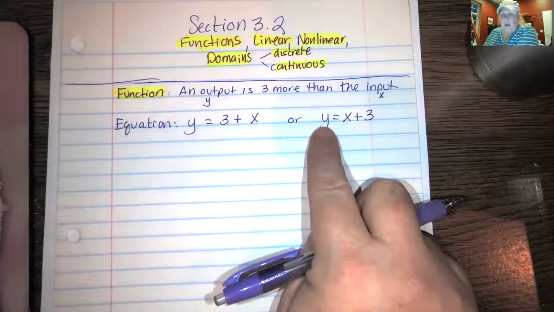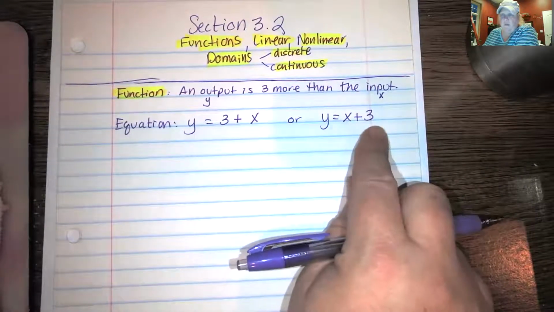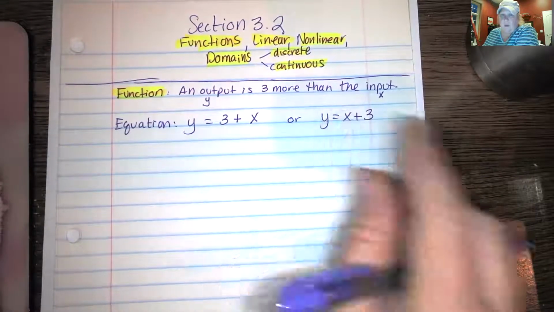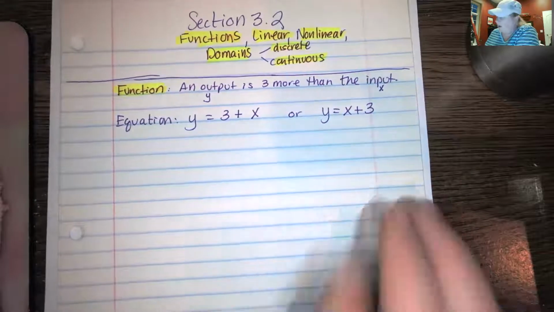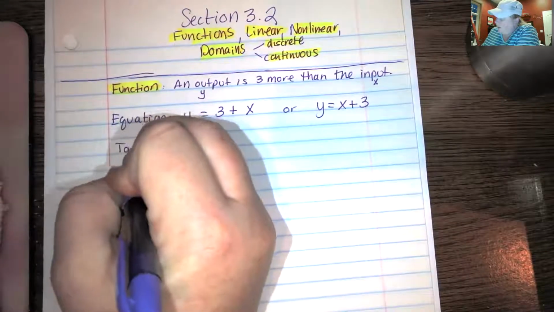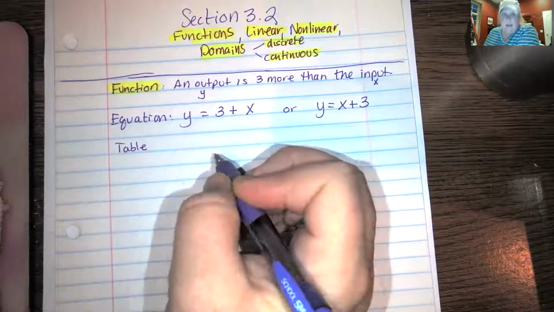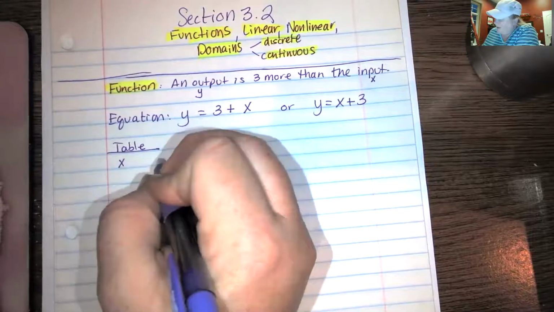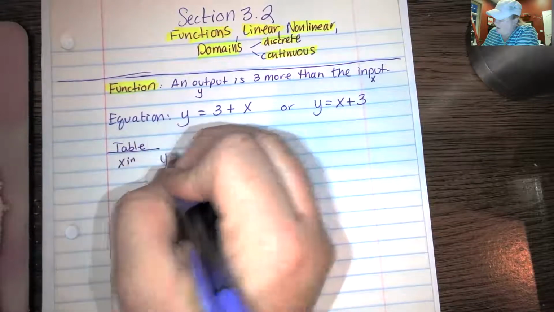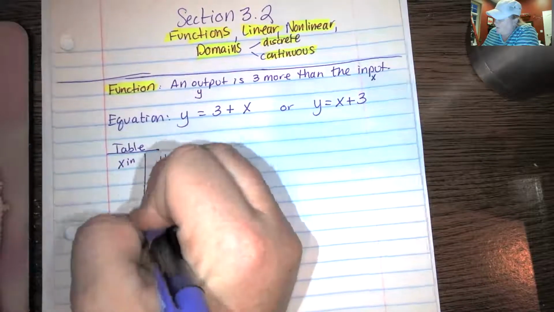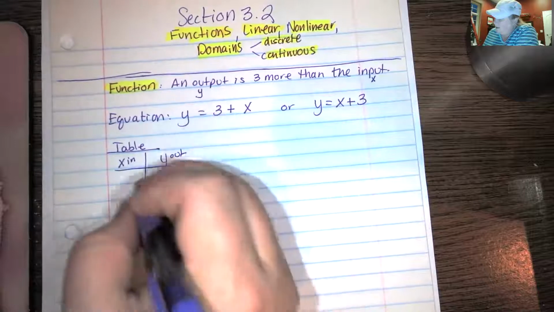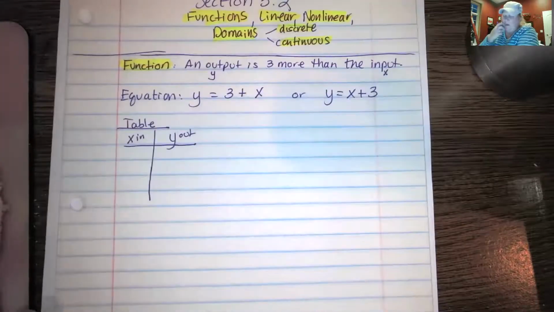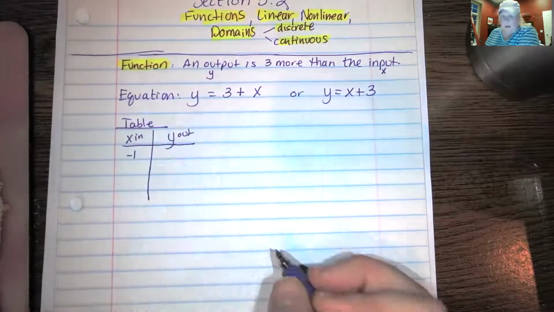Okay, the output is 3 more. So whatever this is, the output is 3 more. I know that looks really weird. Let's look at this as a table, okay? As a table of X and Y, or input, output, okay? And let's look at this. So I don't know, let's try -1.